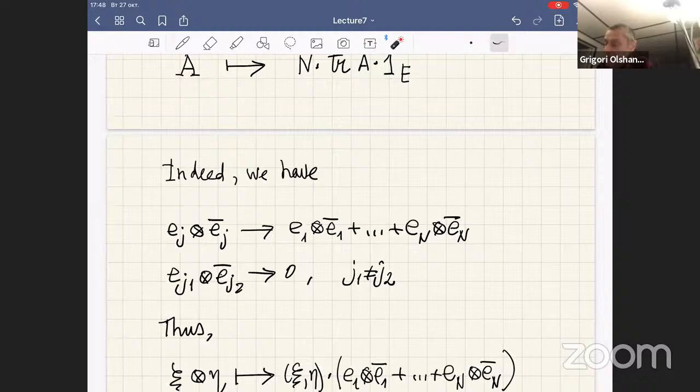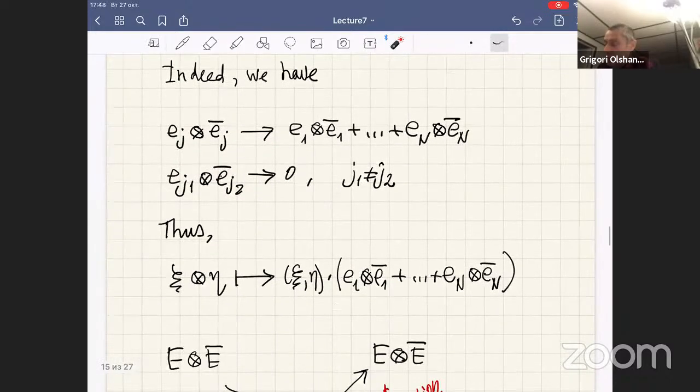This map is given as follows. Such a tensor product is mapped onto this one standard, which is represented just by the identity operator, actually. And if two indices are different, it's mapped to 0. This is essentially the same definition.